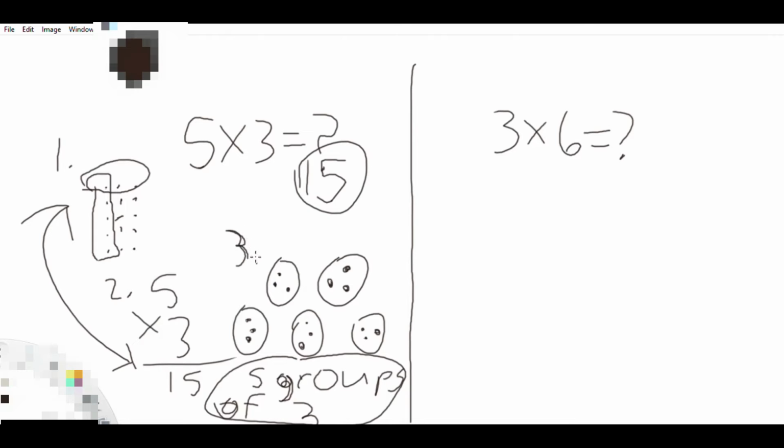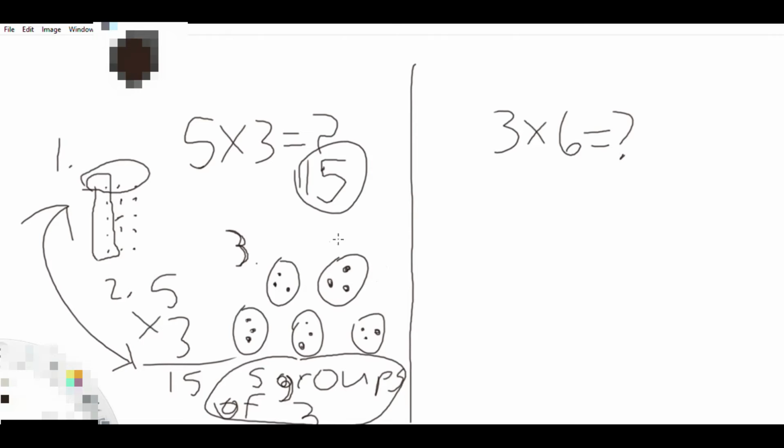Let me rewrite that 3. So there's 5 times 3. There's 1, 2, 3, 4, 5 groups, and inside those you could count the chocolate chips. 1, 2, 3, 4, 5, 6, 7, 8, 9, 10, 11, 12, 13, 14, 15.